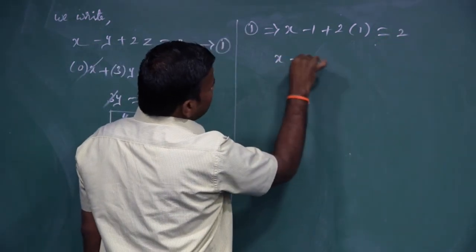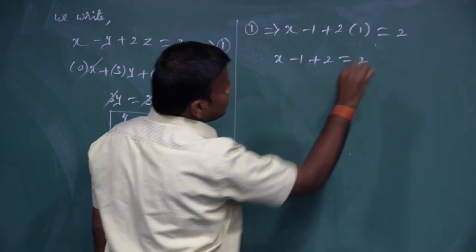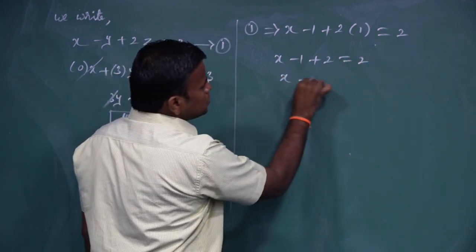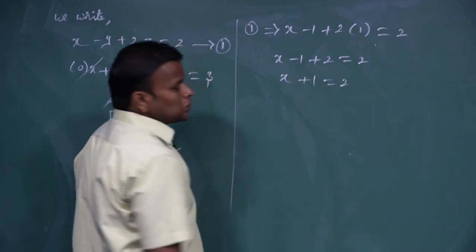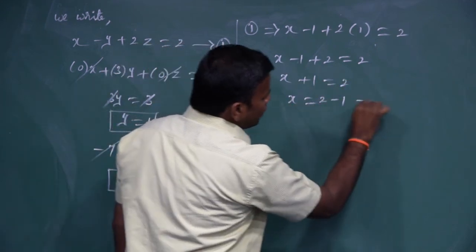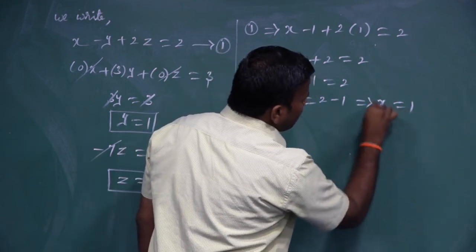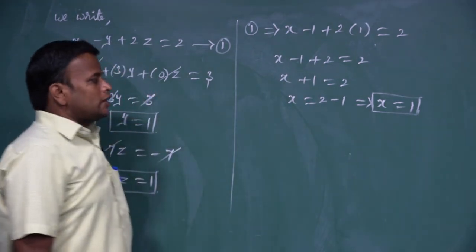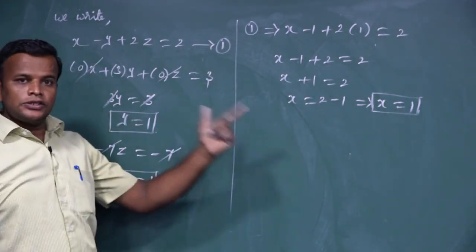X minus 1 plus 2, which is plus 1, is equal to 2. So x is equal to 2 minus 1. The value of x is 1. So now we have found the values of y, z and x.